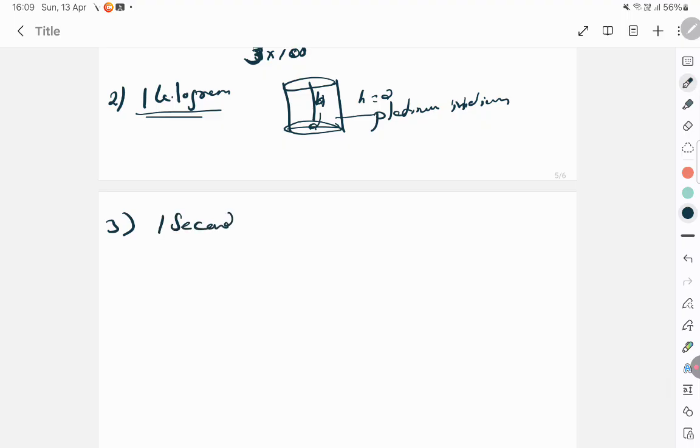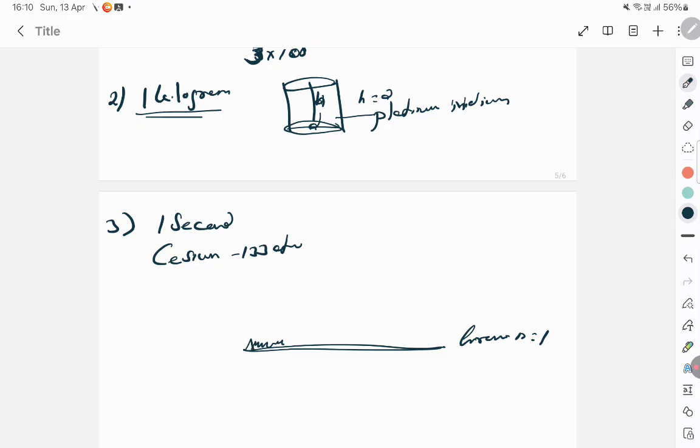What is 1 second? The scientists are saying 1 second is about, they took a cesium 133 atom. In the ground state, ground state is when n is equal to 1, the atoms are slightly vibrating. The vibration, for one vibration, is the time taken.